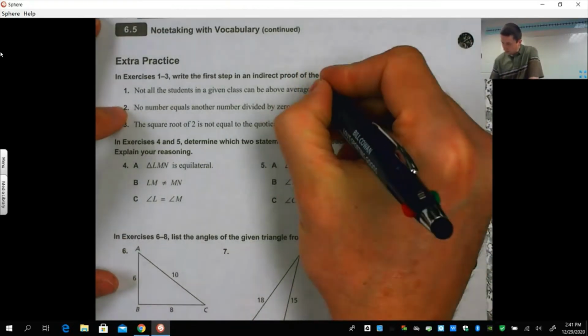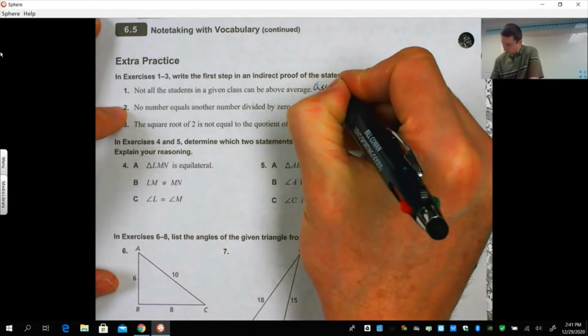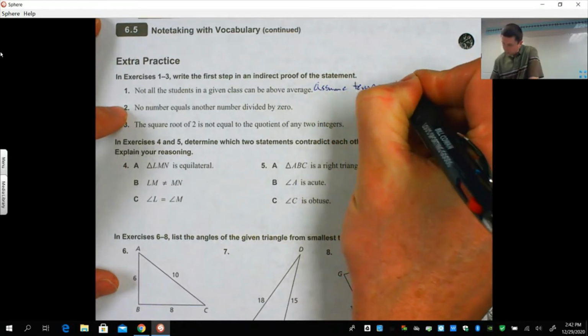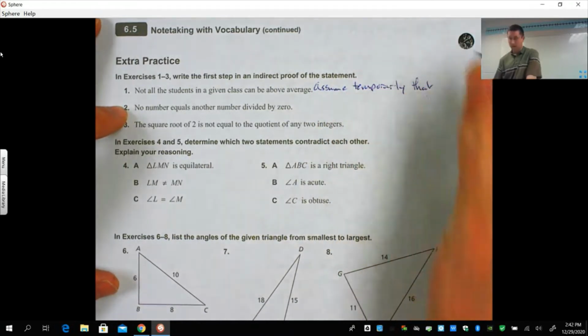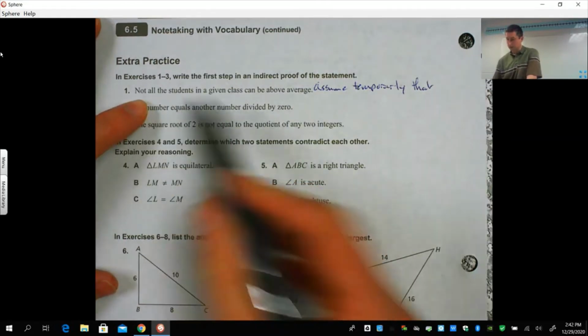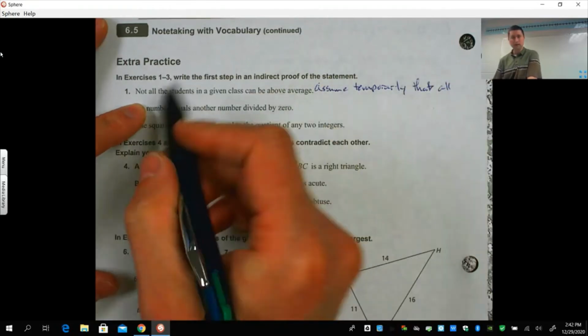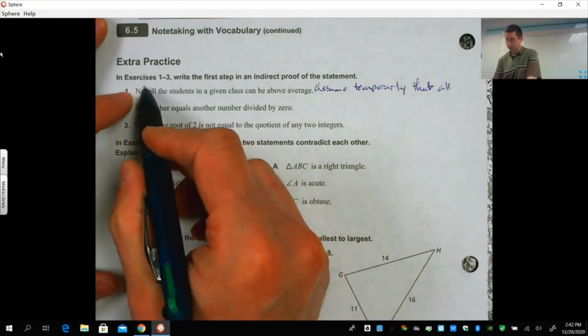So we are going to start with the words assume temporarily that we want the opposite of this conclusion. So we're going to assume, it says not all, so the negation of a not would be taking that not off.